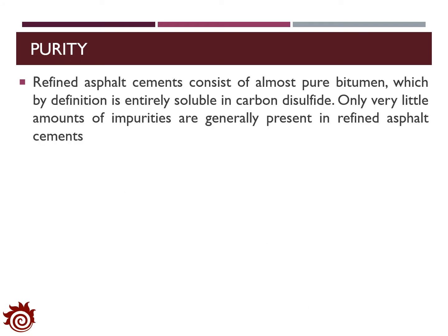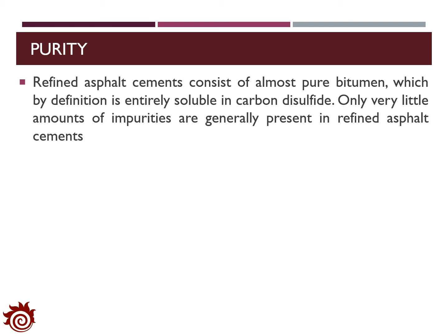The purity of asphalt cement is applied to measure the amount of pure bitumen in the asphalt cement. Usually, we have to apply refinement to the asphalt cement to increase the percentage of pure bitumen.